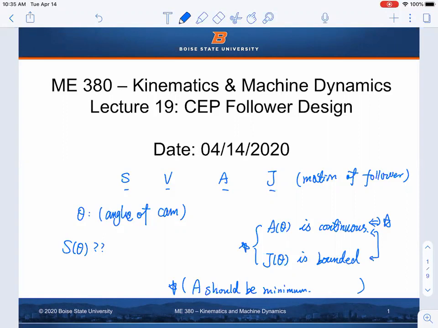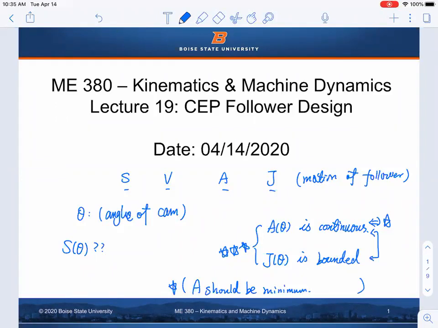Most of the time during the exam, we only focus on the necessary requirements. But in practice, you also want, for example, a small variation in your A, a small amplitude in A, but it's really hard to achieve these requirements by hand. At that time, you're going to need MATLAB and fmincon to minimize that optimization target.